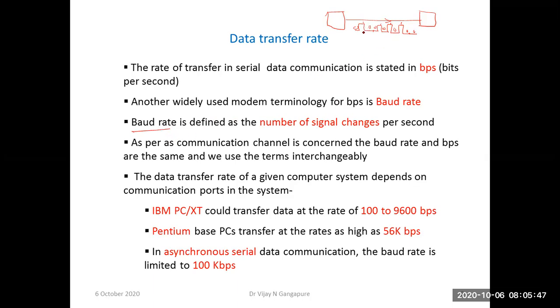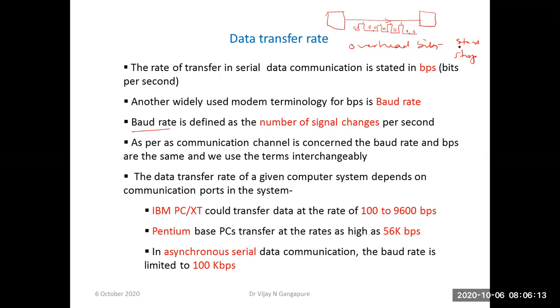Not necessarily is every bit on this communication channel data. Some of these bits are overhead bits. For example, what are overhead bits? Overhead bits are like start and stop bits, which are necessary to transmit actual data.